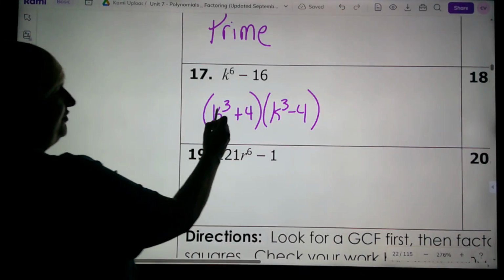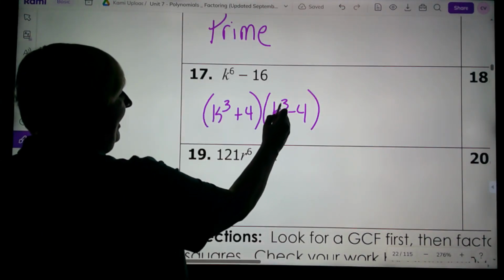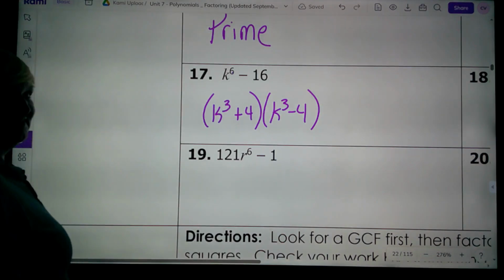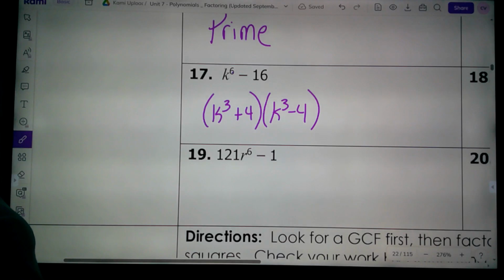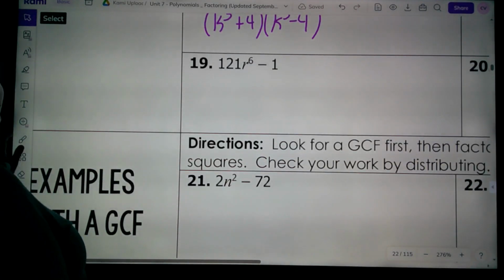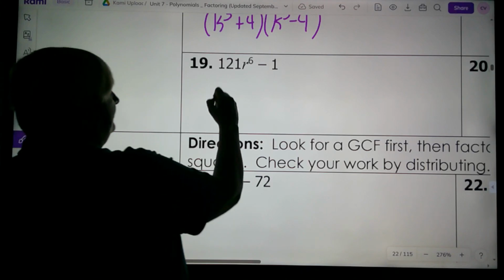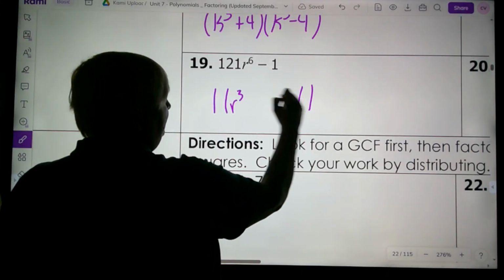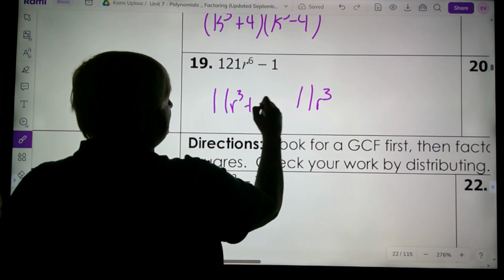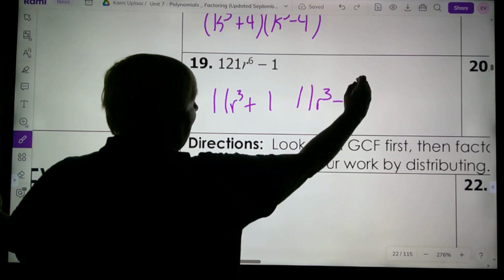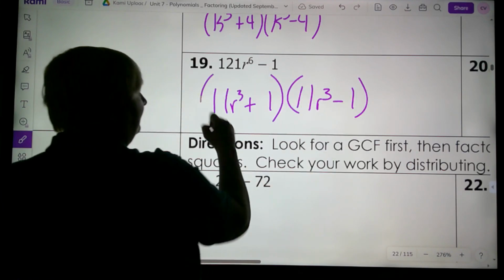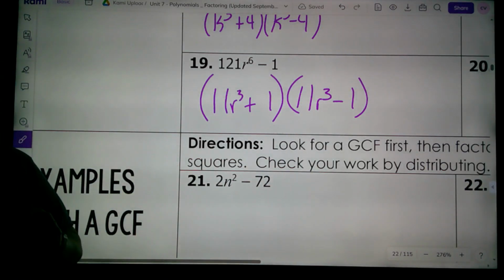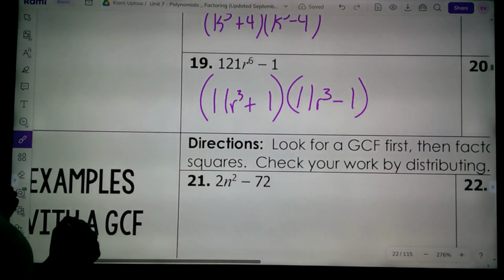Because when you multiply this, you're going to add the exponents together. 3 and 3 is 6. That's interesting. 121r to the 6th minus 1. So we know it's 11. We know it's r cubed. We know it's plus and minus 1. Right? Yes.